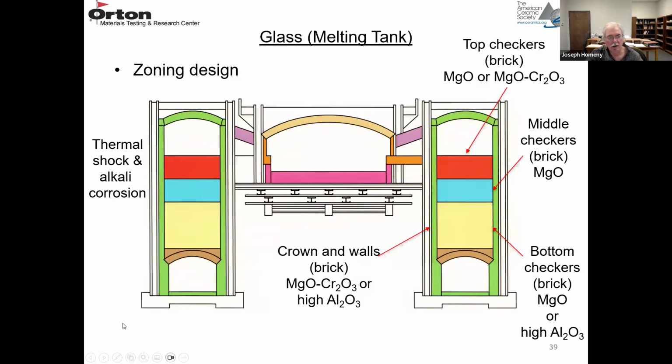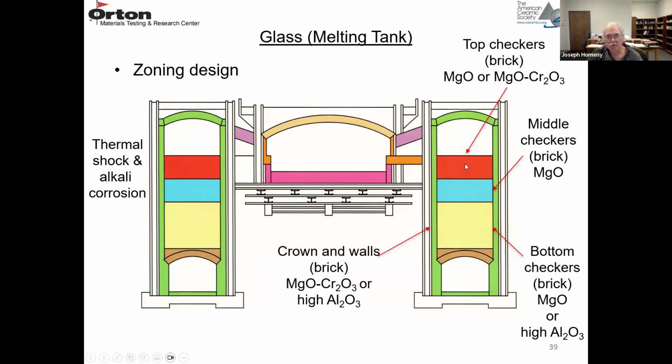And then the regenerators, because you're running hot gas through these or cool air, are going to have a thermal shock issue. And the alkali that vaporize in the furnace are also going to be carried over into the regenerator. So you have thermal shock issues and alkali corrosion issues. The checker bricks have high heat capacity, so they heat up. The top checker bricks are usually MgO or MgO chrome.